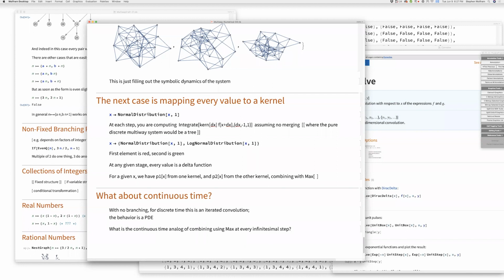Right. But the point I was making is you can still do the combination with max at discrete time steps, even in the continuous time case. Oh, you can choose to do that, but I don't think it's equivalent. I have no reason to think it's equivalent.